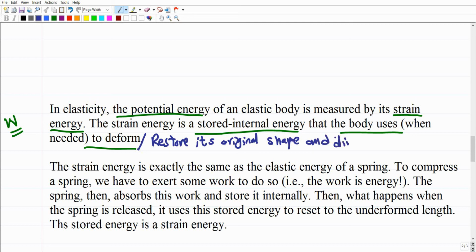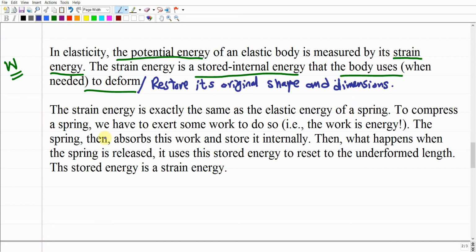Because we said that in elasticity, we do have strains, some that measure the changes in the dimension and some that measure the changes in the shape. So this is the key idea: this is the amount of energy that the object uses to restore back again to the original shape or dimension.